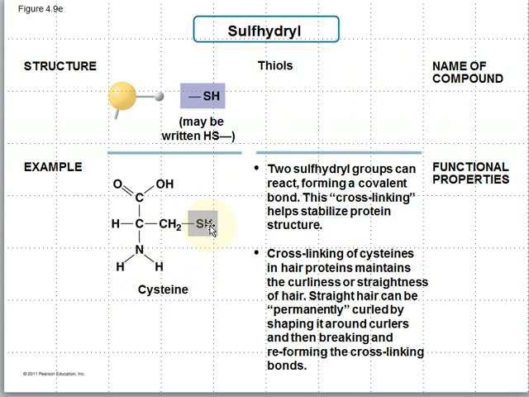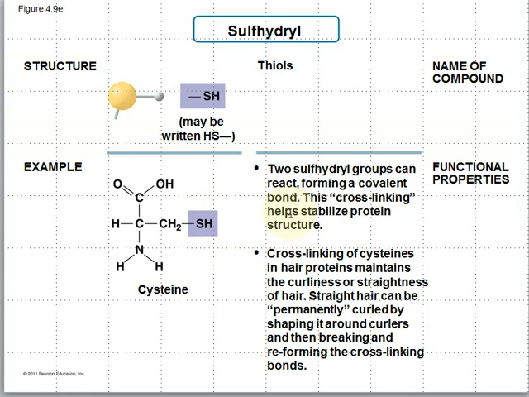This kind of talks about if you're into hair care or you've ever given yourself a perm. Well, the sulfhydryls were involved in your perm because one of the properties is that two sulfhydryl groups can actually react and form a covalent bond and kind of cross-link. So there can be these linkages between one molecule to another, and that helps stabilize proteins.